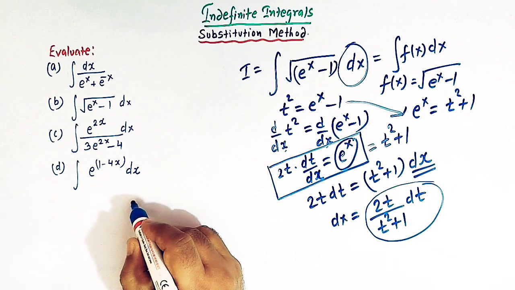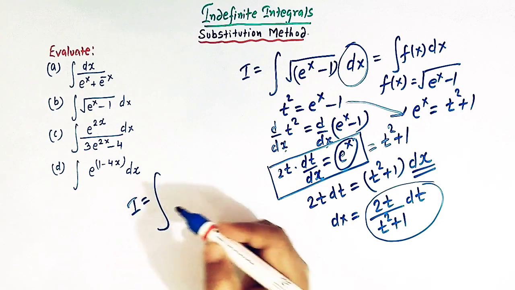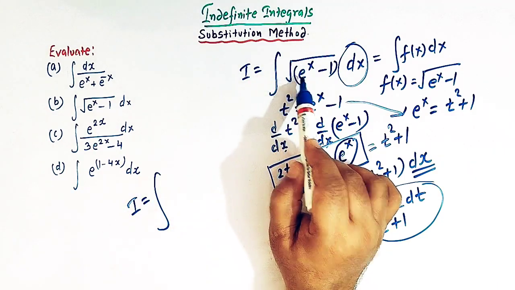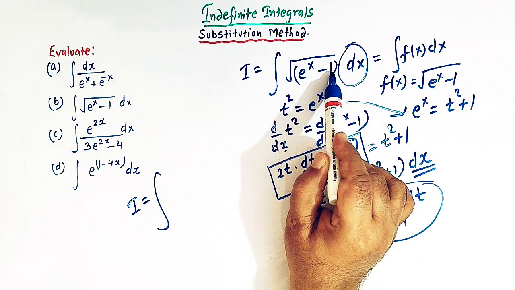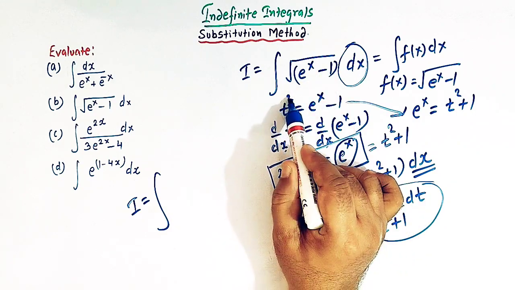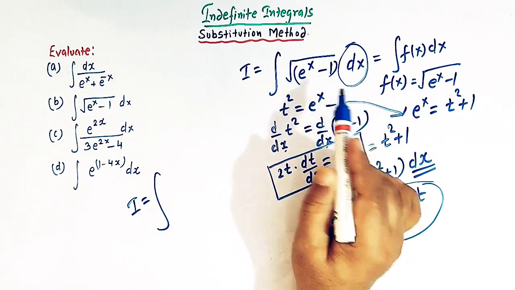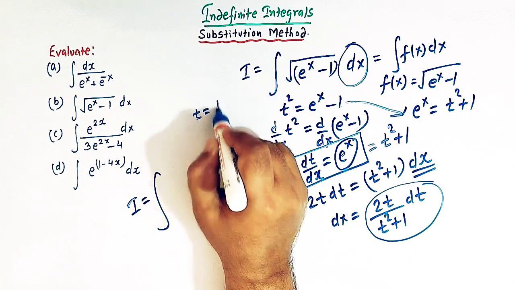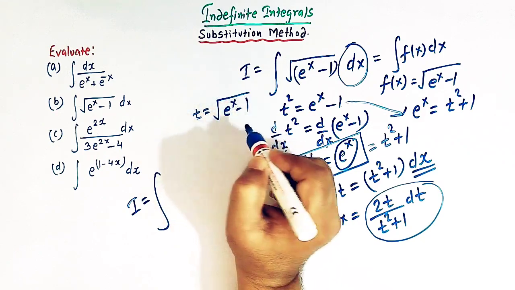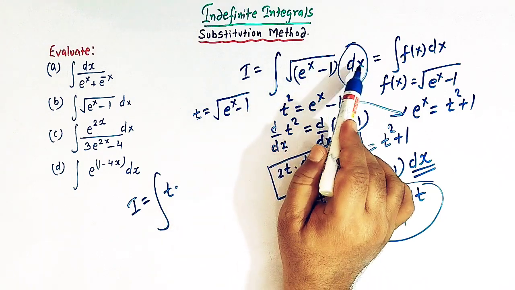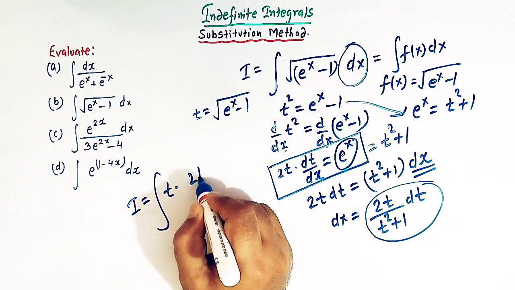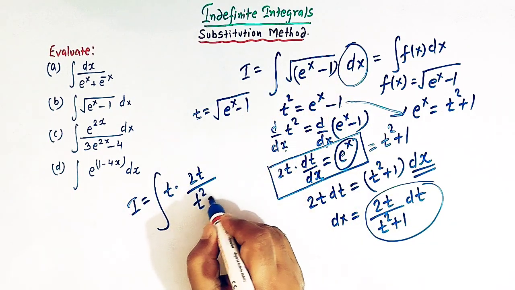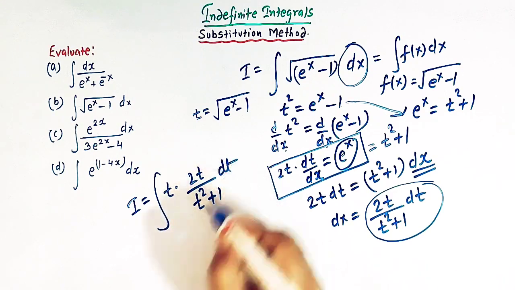So now this integral I can be written as the square root of e raised to x minus 1. Since t square is e raised to x minus 1, it means t is the square root of e raised to x minus 1. So we have t, and dx is 2t over t square plus 1 dt, right?